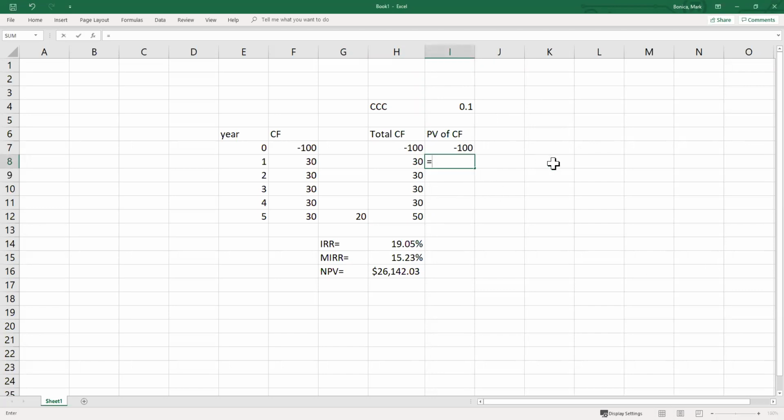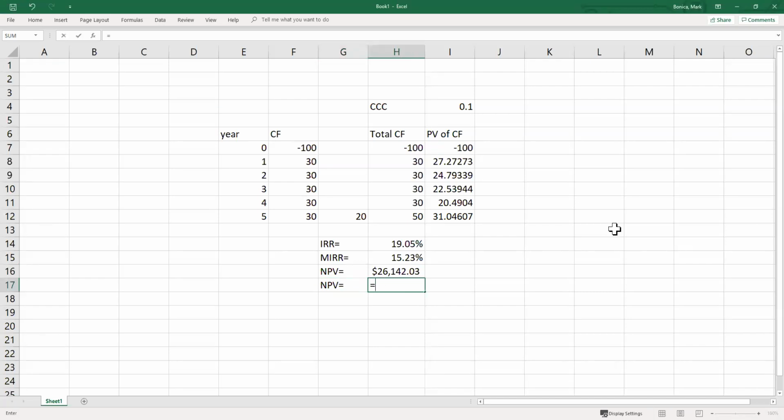And we'll just do 30 divided by 1 plus the discount rate raised to the number of years. And that gives us our present value formula. So here is our NPV.